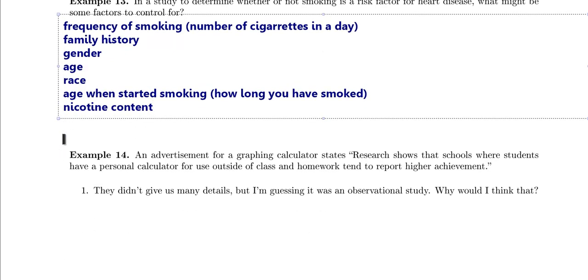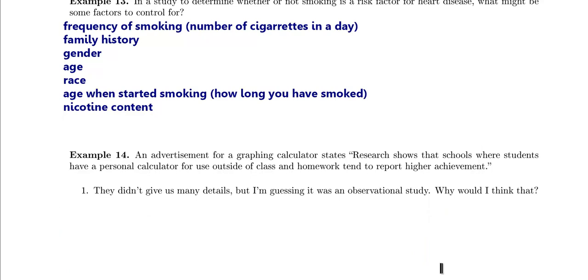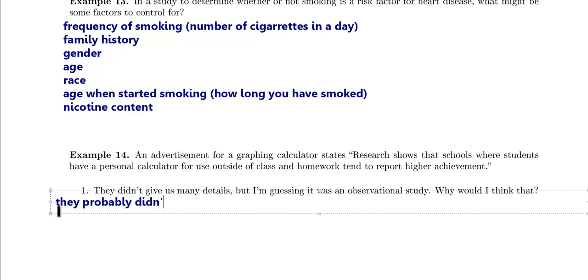Now, an advertisement for a graphing calculator states that research shows that schools where students have a personal calculator for use outside of class and homework tend to report higher achievement. They didn't give us very many details, but I'm guessing it's an observational study. Why would I think that? Well, because I'm guessing that they probably didn't assign calculators to some schools or students and not to others.